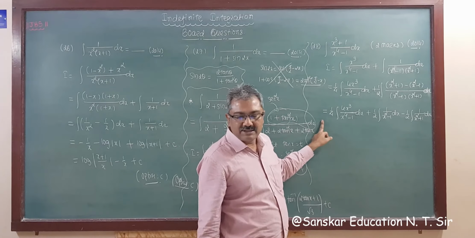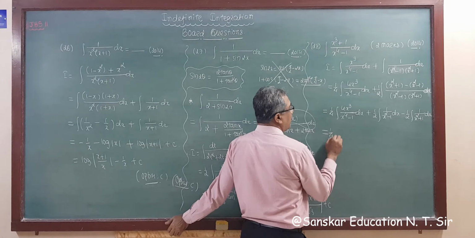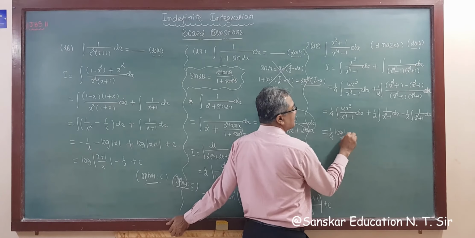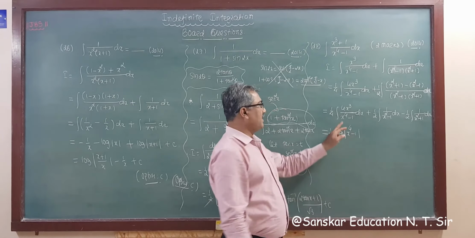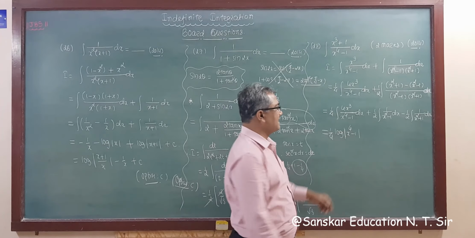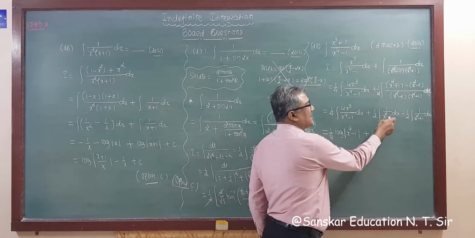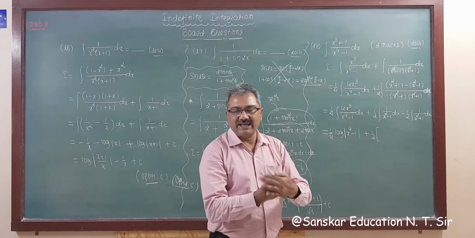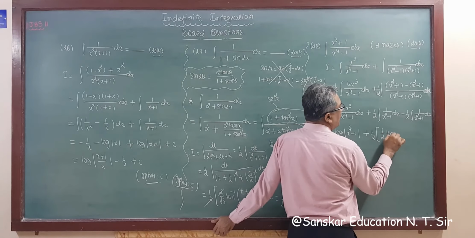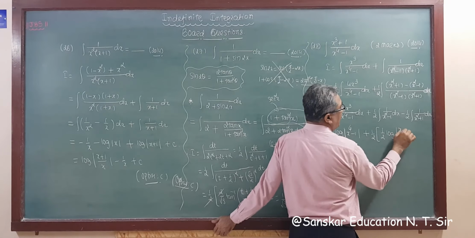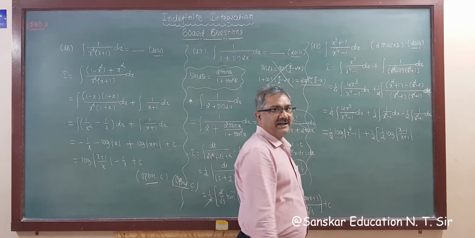But I think the answer of this is given, right? So 1 upon 4 log mod x raised to 4 minus 1, as we discussed, derivative of the denominator is in the numerator, so the answer is this, plus 1 upon 2. 1 upon x square minus a square is 1 upon twice a, a is 1, so the answer is 1 upon 2 log mod x minus a upon x plus a. This is your answer, right?